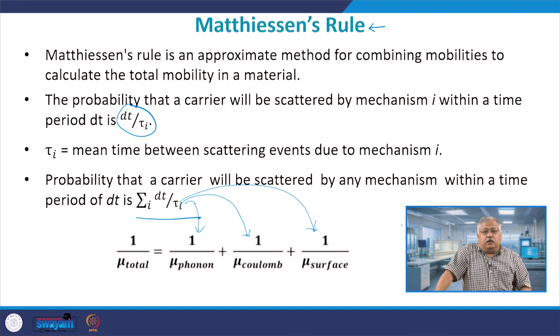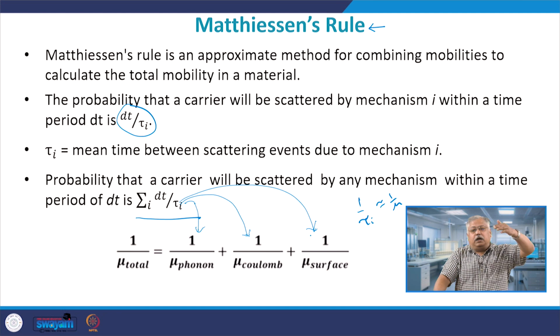Now, you see how I reached that conclusion: even intuitively we will reach the conclusion that if the mobility is large, it can only happen when the mean time between scattering events is relatively large, right, and therefore 1 by tau I is proportional to 1 by mu, and that is the reason this can be mapped to each value.